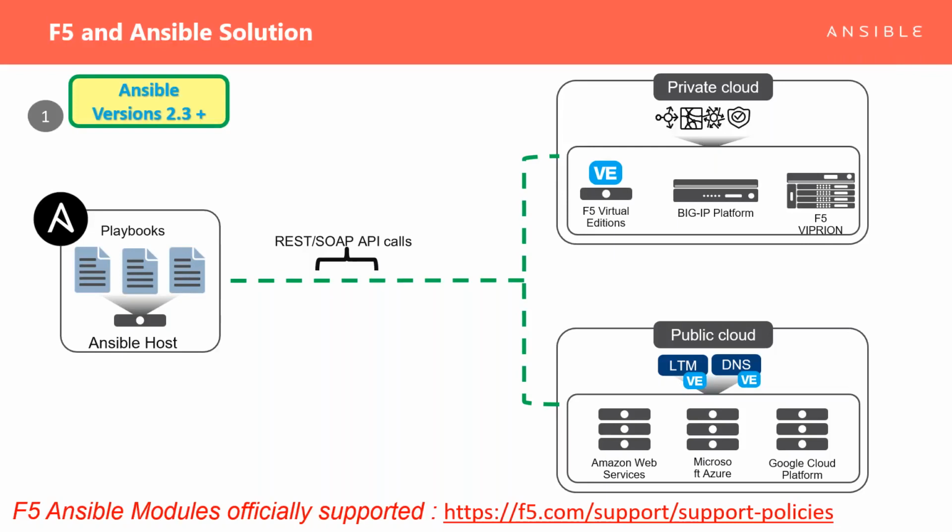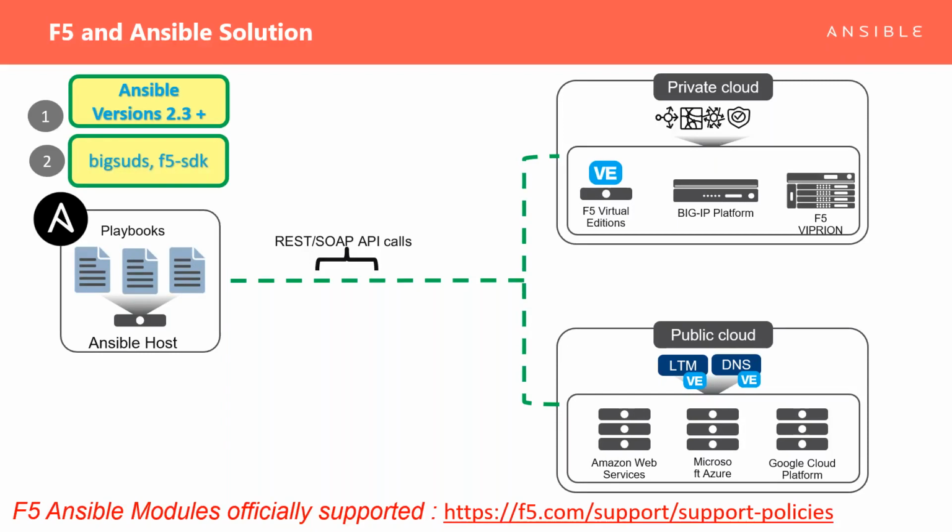The latest Ansible version is 2.6. So if you download Ansible today, F5 modules are part of that. You do not need to download anything externally to get Ansible working with F5. The only two packages that you need to be installed are a package called bigsuds and the F5 SDK.